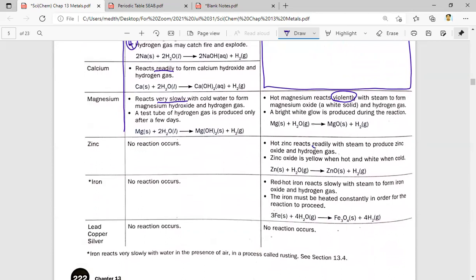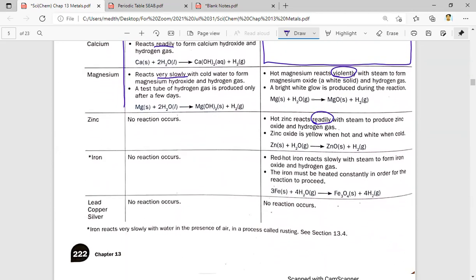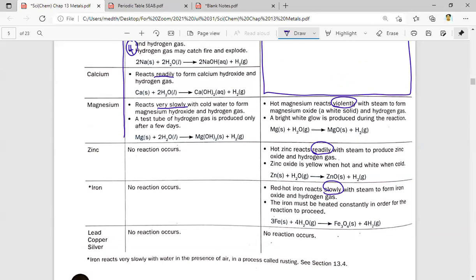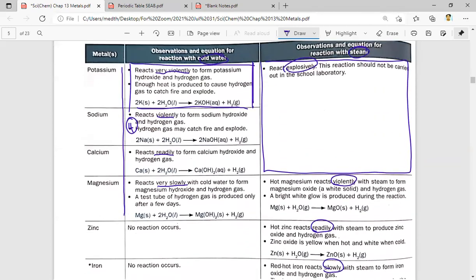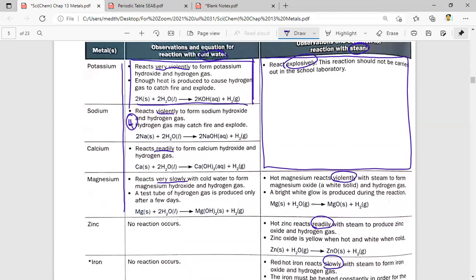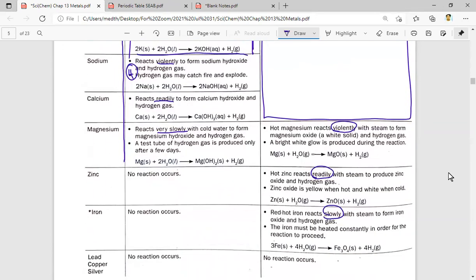Zinc will react readily, while iron reacts slowly. So you can see the description goes from a more intense, more violent reaction, all the way down to a relatively less violent reaction, described as slowly. Based on this, we know all the way until iron, it can react with steam.